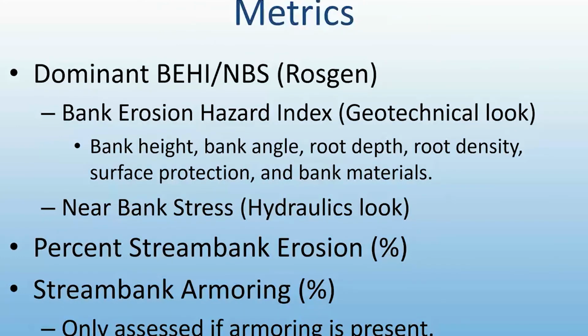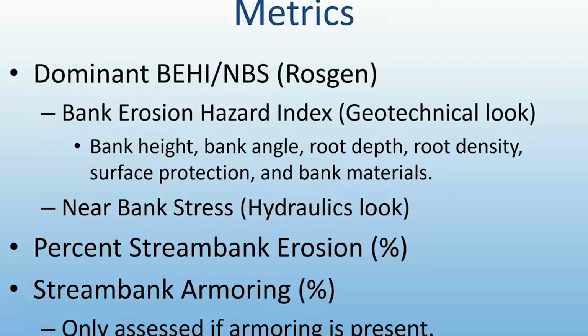All right, so the metrics are a dominant BEHI near bank stress. This is a Rosgen method. It's an existing assessment method that we've just stuck into the SQT. It is one that takes some training and some practice to do. The bank erosion hazard index, or BEHI, component of that is more of the geotechnical look at the bank.